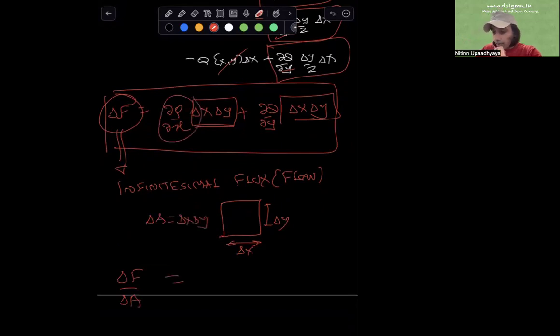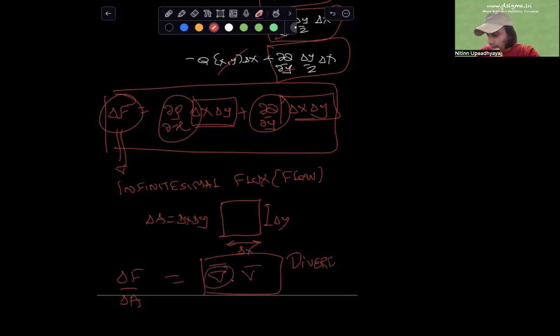On the right-hand side, I have ∂p/∂x plus ∂q/∂y. And this is something you recognize by now. This is nothing but the divergence of the velocity vector field. That's del dot v. That's the del operator dotted with the velocity vector field. And this gives me the divergence of the vector field.